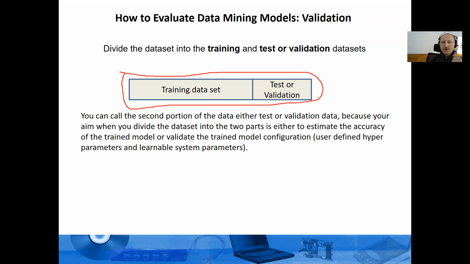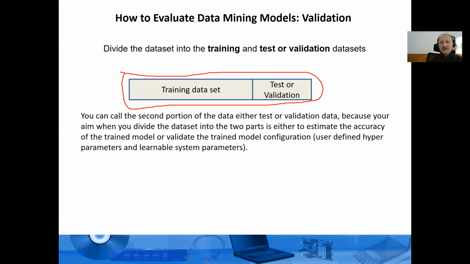The first data set is called the training data set. The second data set can be called a test or validation set, because you have two aims in dividing your data. The first aim may be to estimate the accuracy of your trained model. You have generated one model, but you want to know the accuracy of that model.